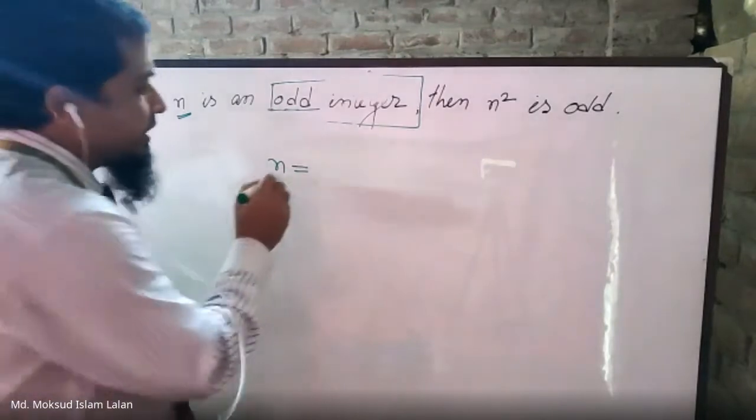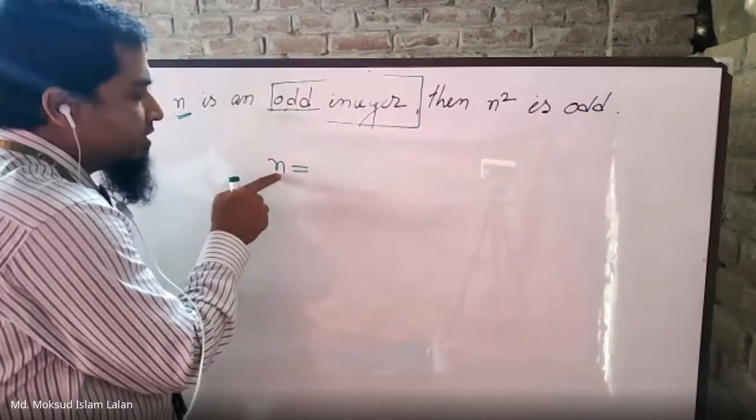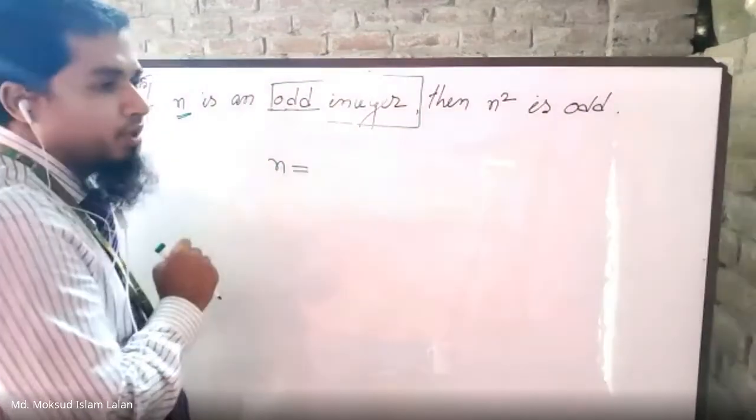So dear student, what is n? n is the odd integer, positive or negative.